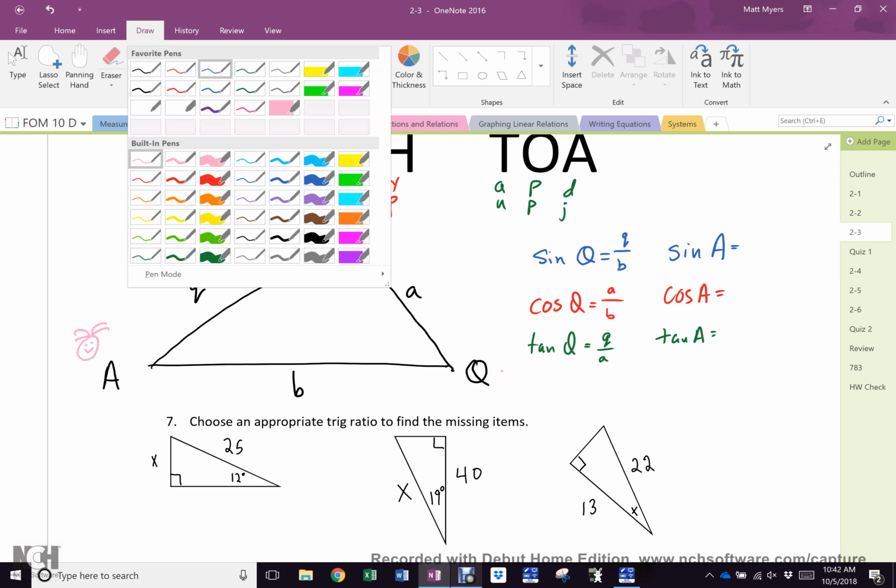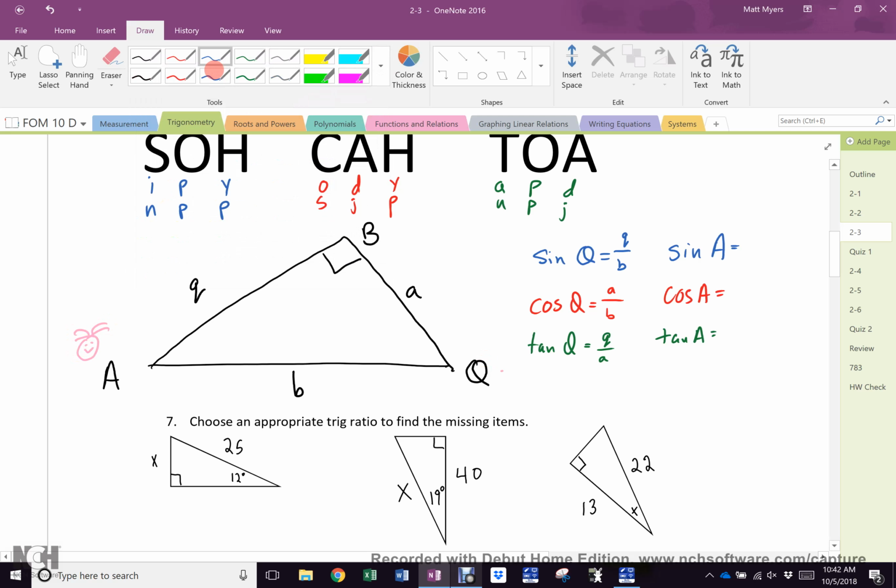So what is the sine of A? A over B. What is the cos of A? Q over B. What is the tan of A? A over Q. What do you notice?